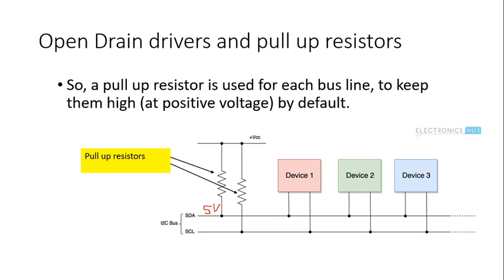Okay, so they are pulling it to the high voltage whenever no other device is communicating. That is the purpose of the pull-up resistor. So by default, it will make both SDA and SCL lines high when no data communication occurs over the I2C connection.